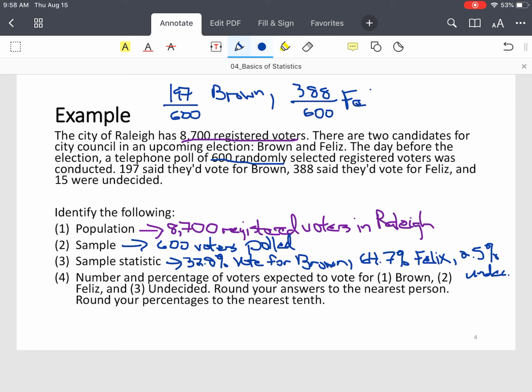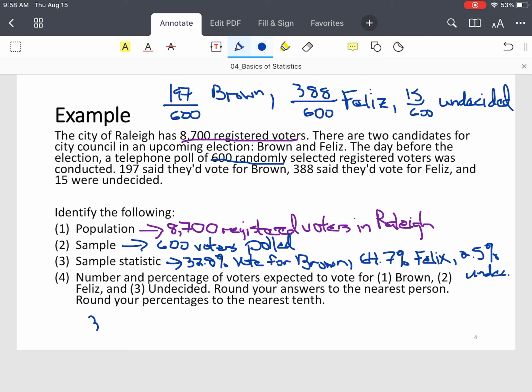And then 15 out of 600 were undecided. All right, so we've got the number and percentage of voters expected to vote for Brown, Feliz, and who are undecided. All right, now those are statistics for 3.